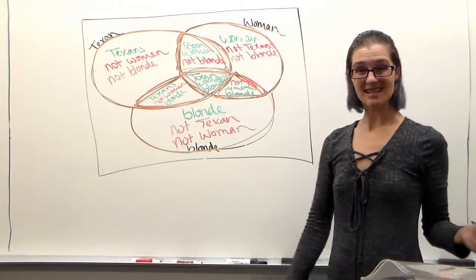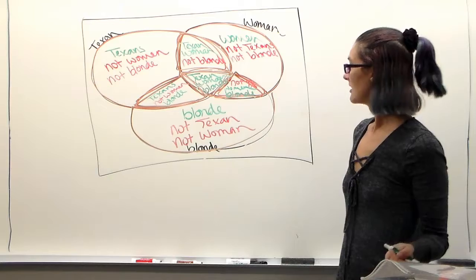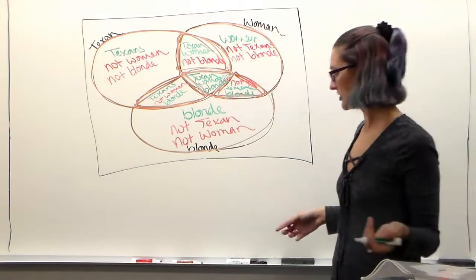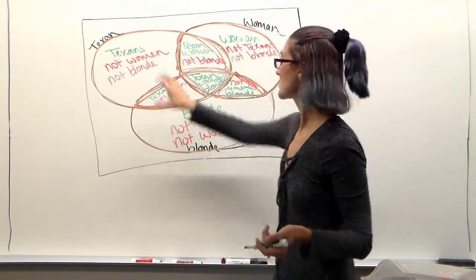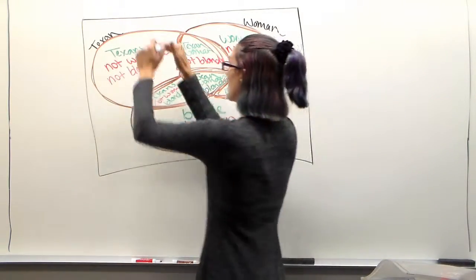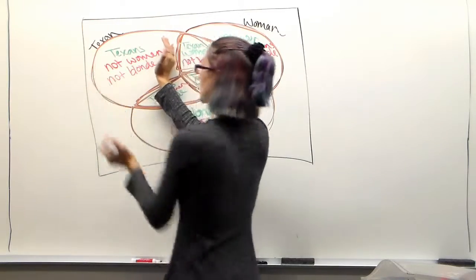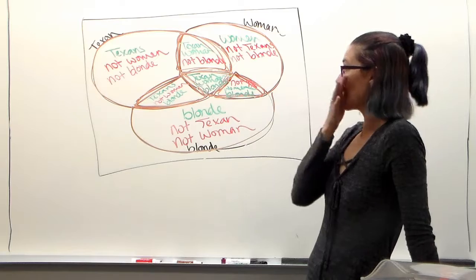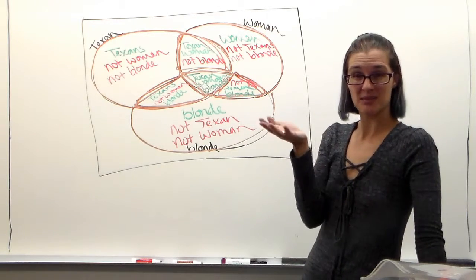But what else is there? Other than what we have, I mean, is there any other category? The problem is, when I ask this on one of my tests, I ask people to describe the type of person that's in only this section. And they tell me Texans. And I say, okay, all Texans? Women and men?